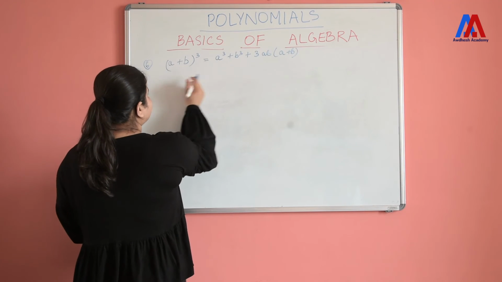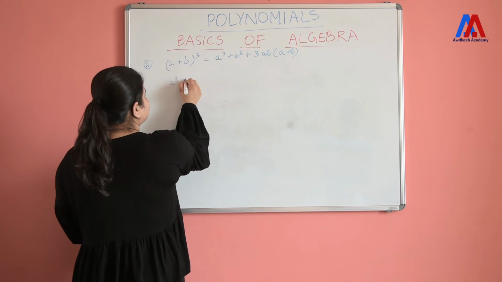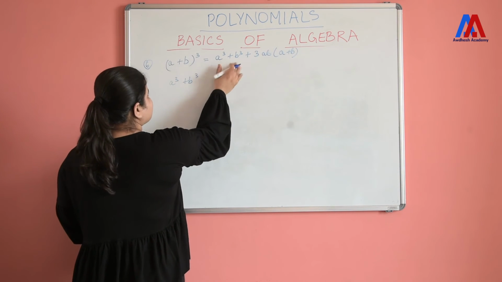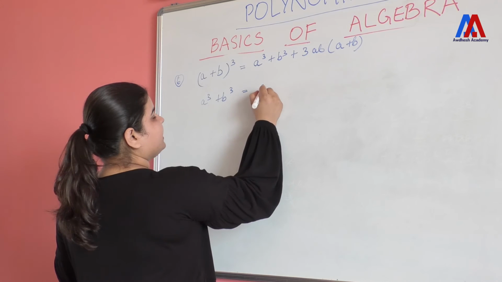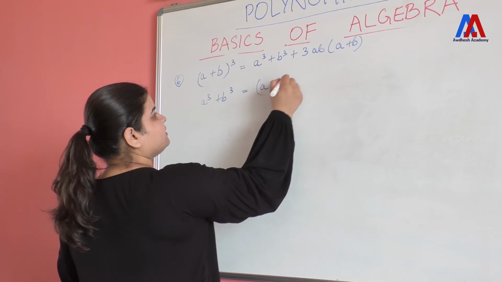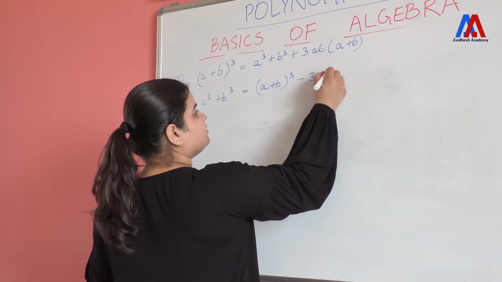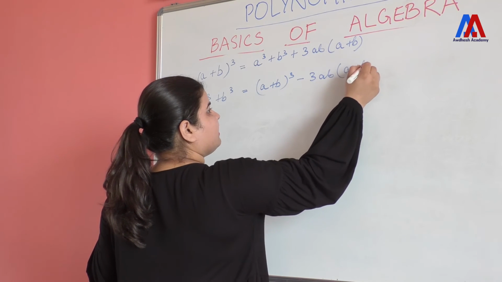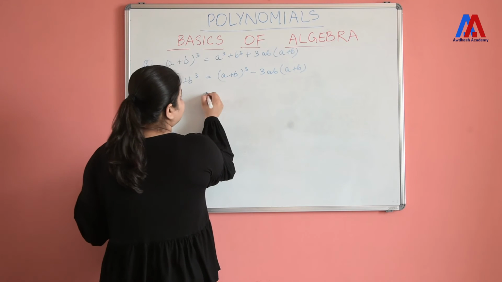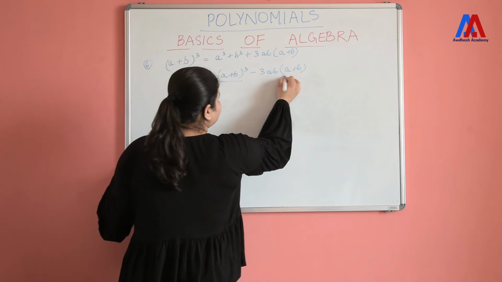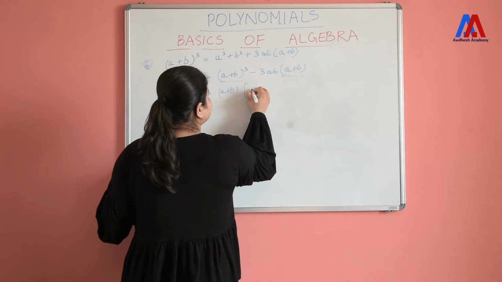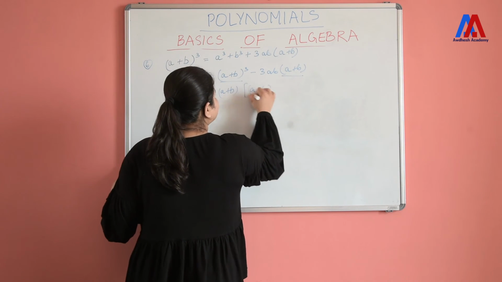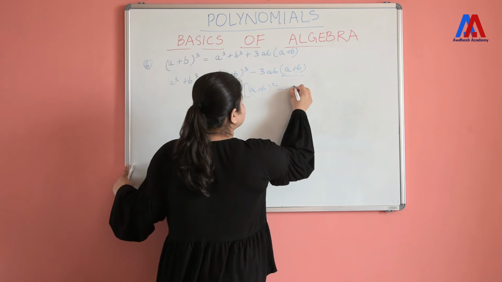From here, if we take a cube plus b cube on one side and take this part on the other side, we will get a plus b the whole cube minus 3ab into a plus b. Now from here we can take a plus b as common and we will get a plus b the whole square minus 3ab.